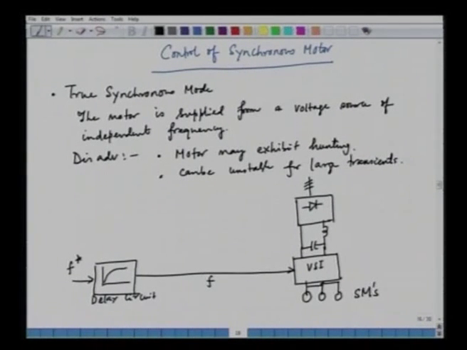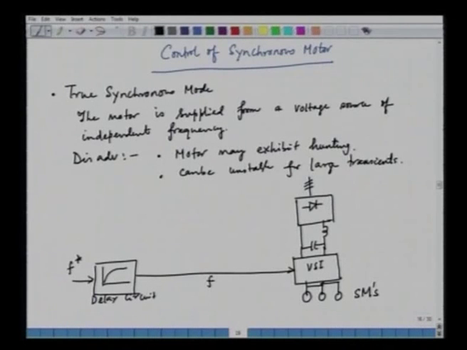The VSI can be a sine wave VSI, it can be a sine PWM VSI, and it will be applying a 3-phase voltage to the stator of the synchronous motors, and the fundamental frequency being F, and F is changed slowly.